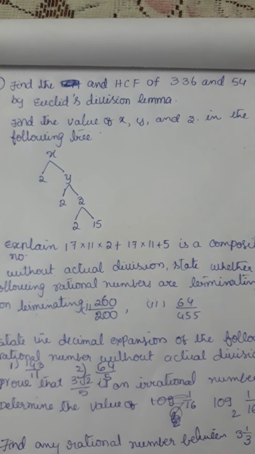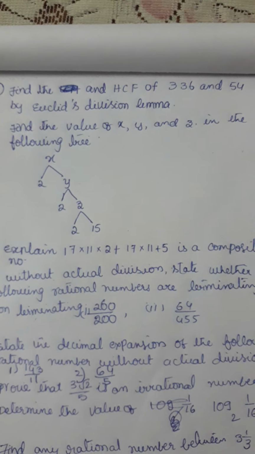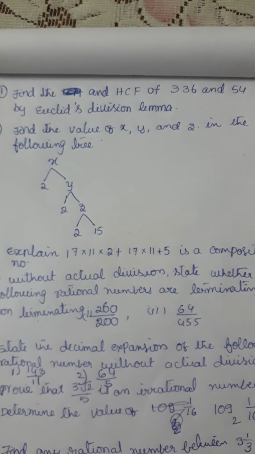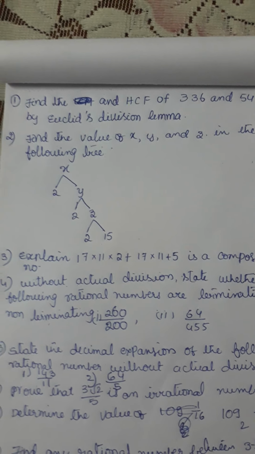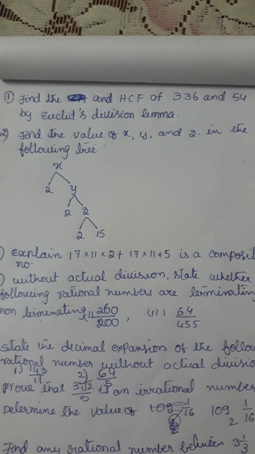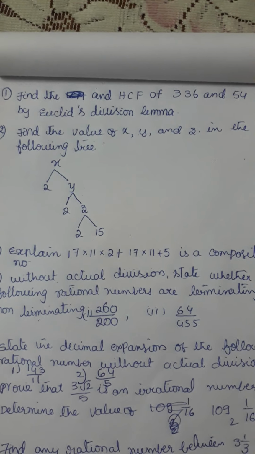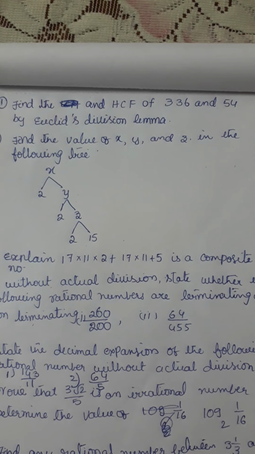First one is find the HCF of 336 and 54 by Euclid's division lemma. According to Euclid's division lemma, a is equal to bq plus r. So here the given numbers are to be written as a is equal to bq plus r. Here a is equal to 336 and b is equal to 54.